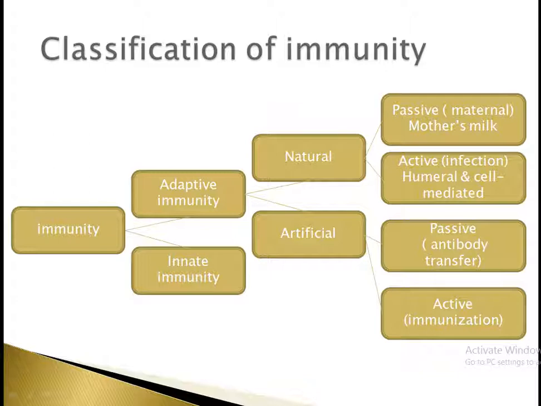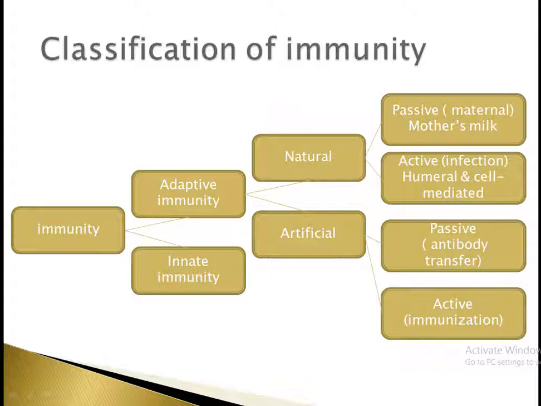After the definition of immunity, we are going to classify it. This classification is not written as such in your book, so you must copy it, and whenever you are asked to classify immunity, you must give this classification.